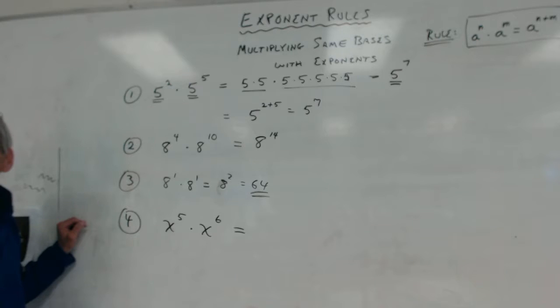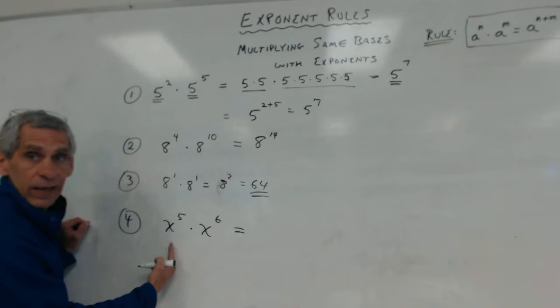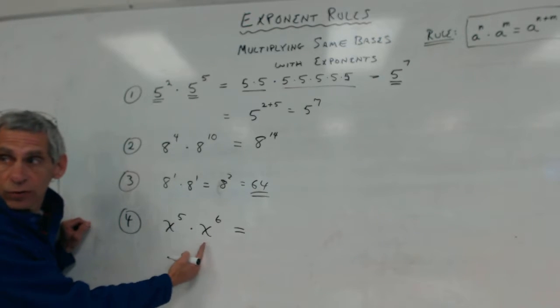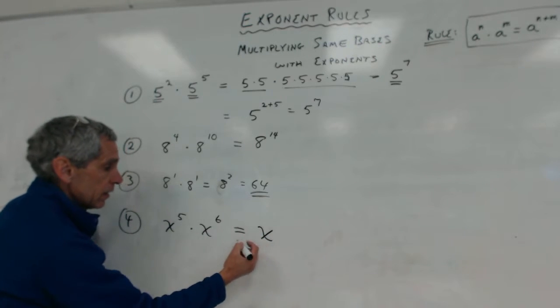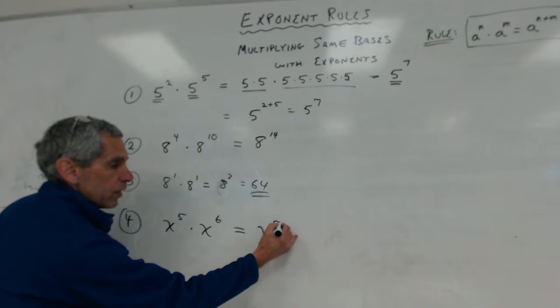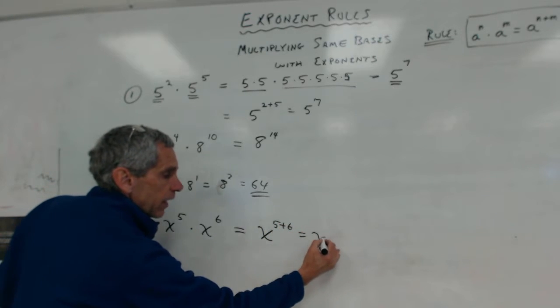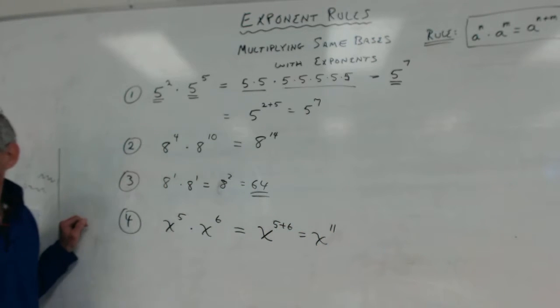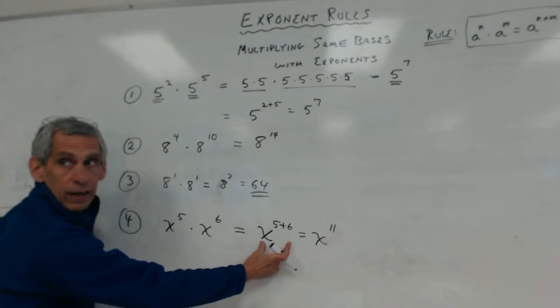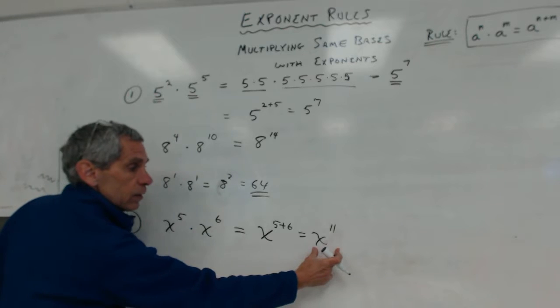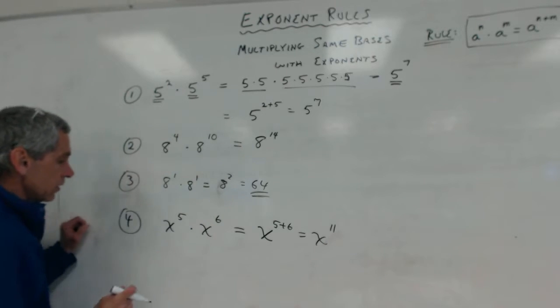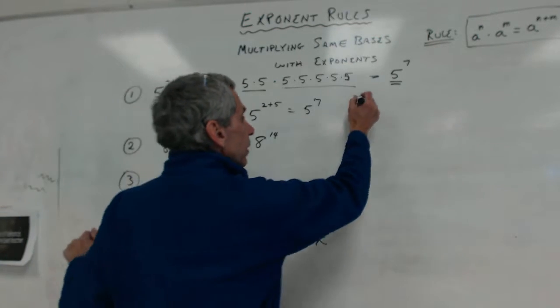X to the 11. Yeah, exactly. They're the same bases. They're both x's, right? So I keep the base, and I add 5 plus 6, which is x to the 11th. You don't have to show this step. I'm showing you so you can see what I'm doing, but you can go straight to this if that's easiest for you.